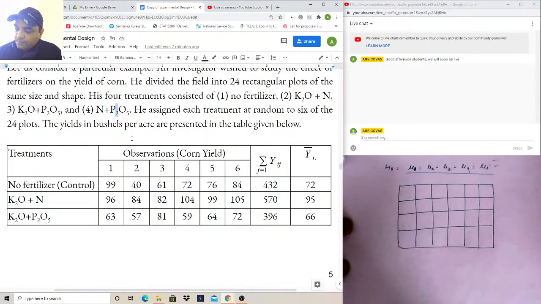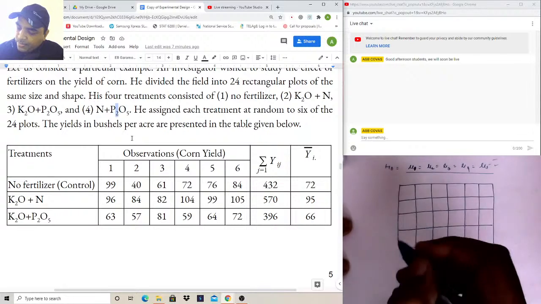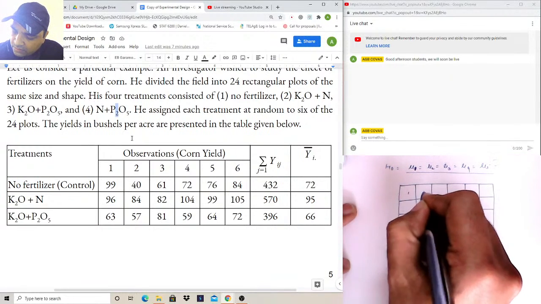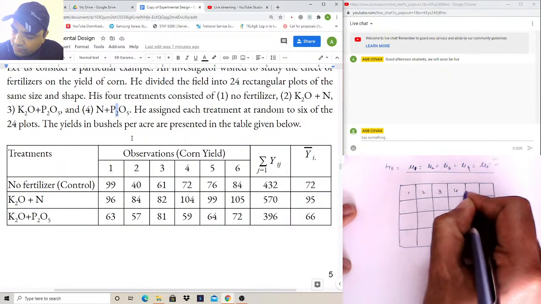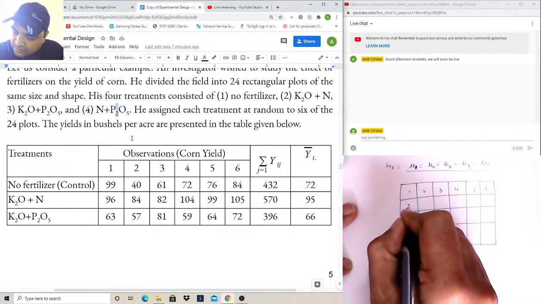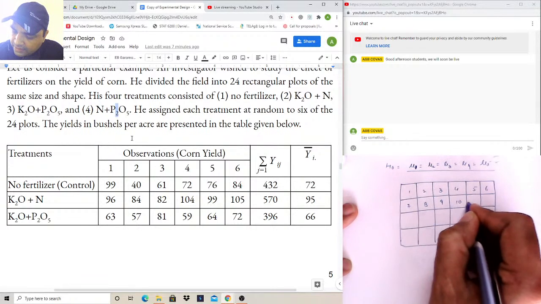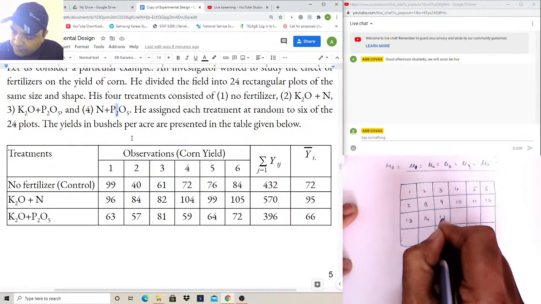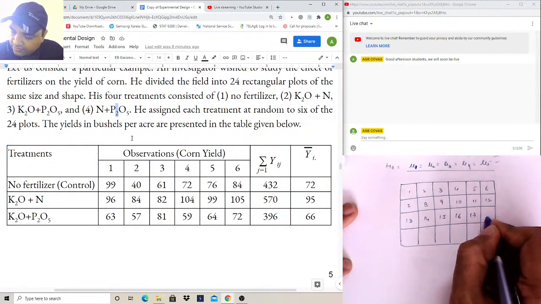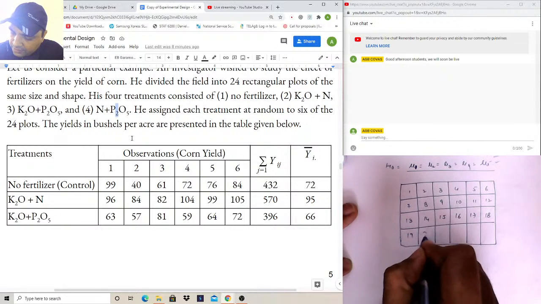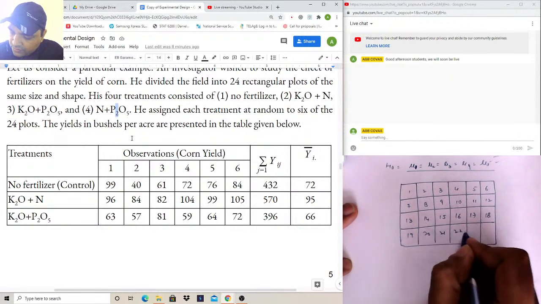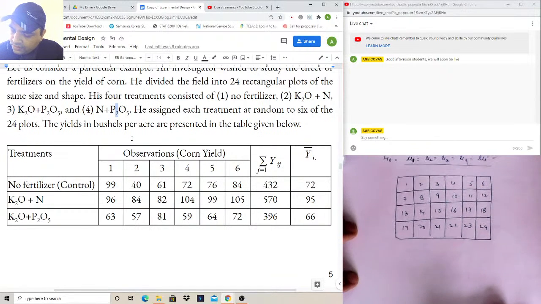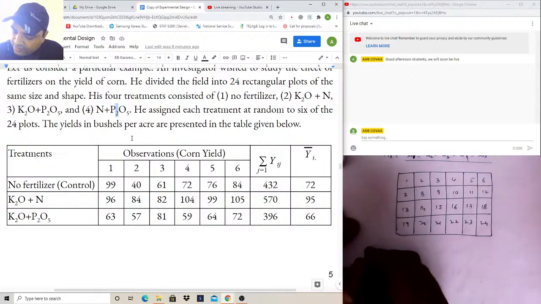Say for example, he may have the plots numbered 1, 2, 3, 4, 5, 6, 7, 8, 9, 10, 11, 12, 13, 14, 15, 16, 17, 18, 19, 20, 21, 22, 23 and 24. So he is having numbers 1 to 24.